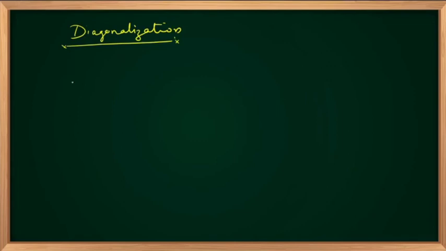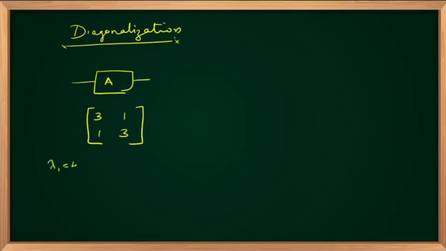So I have a matrix A, which I am taking as the easiest matrix to solve, which is 3 1 1 3. This is the matrix which I have solved. I know the eigenvalues of this particular matrix are 4 and 2, and the eigenvectors corresponding to them are 1 1 and 1 minus 1.